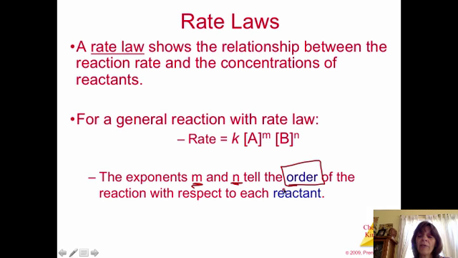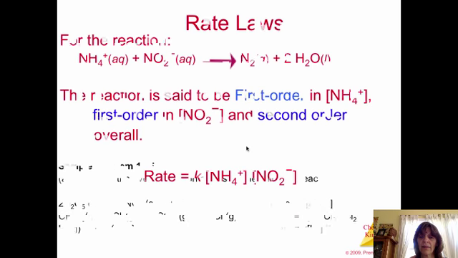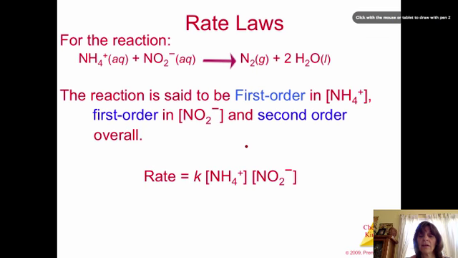As we saw in that first ammonium and nitrite ion reaction, those m and n would have been 1s because it was a direct proportionality between the concentration and the rate. That is called first order for ammonium and first order for nitrite, because those would have been 1s in the rate law.